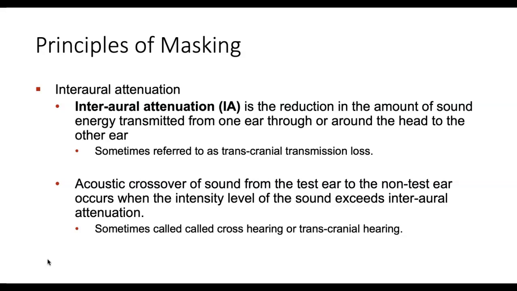Again, here are some of the principles. Interaural attenuation: acoustic crossover of sound from the test ear to the non-test ear occurs when the intensity level of the sound exceeds interaural attenuation. Sometimes it's called cross-hearing or transcranial hearing. Now, masking is really complex, but I'm just going to give you surface level information, general principles.